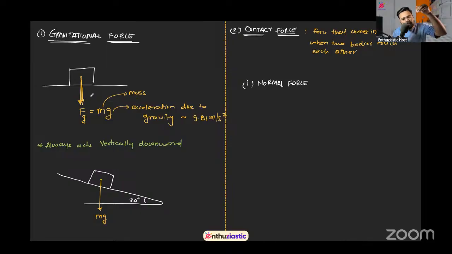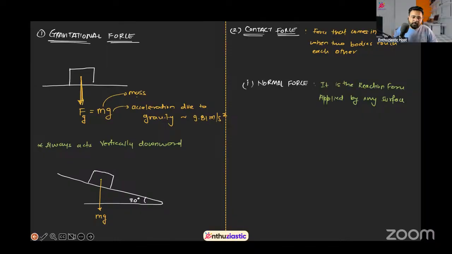So if someone is applying a force of mg on the ground, the ground in return applies a force back up. That force is called your normal force. So it is the reaction force applied by any surface.